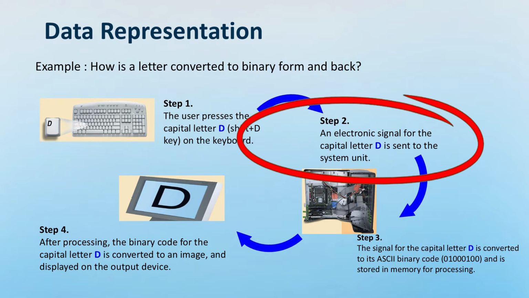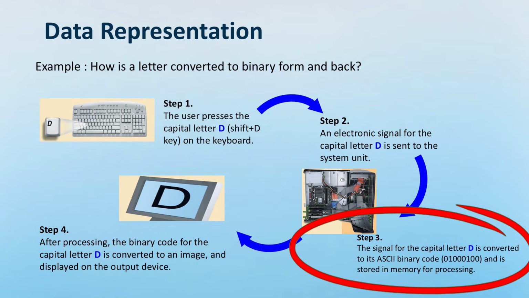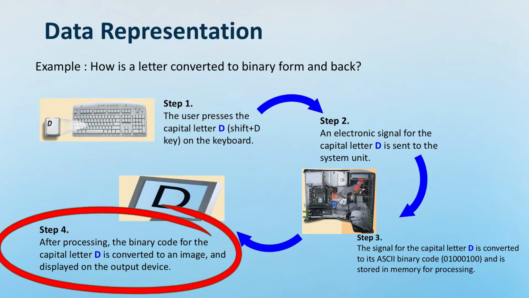In step number 2, an electronic signal for the capital letter D is sent to the system unit. In step 3, the signal for the capital letter D is converted into ASCII binary code and is stored in the memory for further processing. And in the last step, after processing, the binary code for the capital letter D is converted to an image and displayed on your screen.